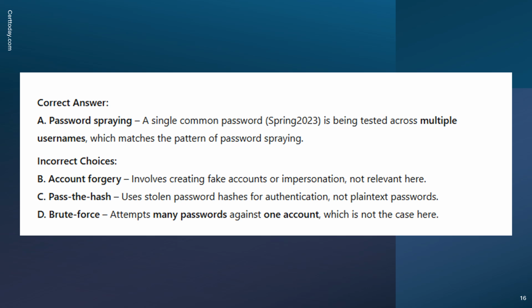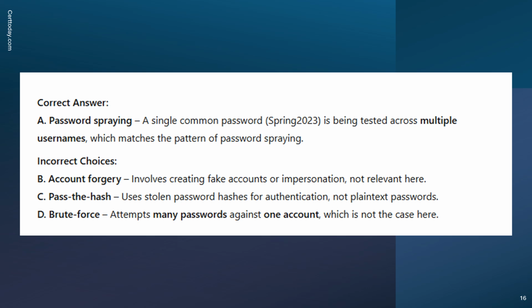The correct answer here is A, password spraying. A single common password, Spring 2023, is being tested across multiple usernames, which matches the pattern of password spraying. B is incorrect because account forgery involves creating fake accounts or impersonation, and it's not relevant here.